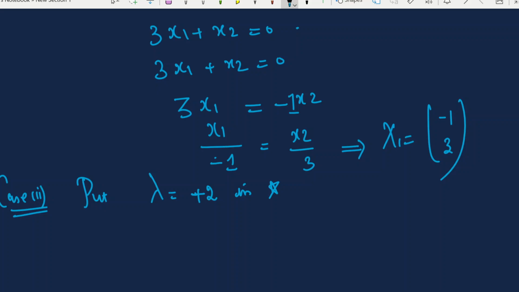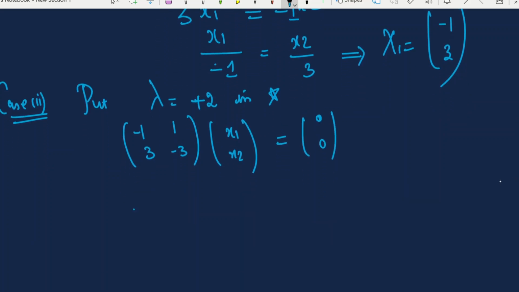Now A minus lambda I becomes [minus 1, 1; 3, minus 3] times (x1, x2) equals 0, which is nothing but the 0 matrix. Now again make the product. Minus 1 into x1 plus x2 equals 0. Here, 3 into x1 minus 3x2 equals 0.